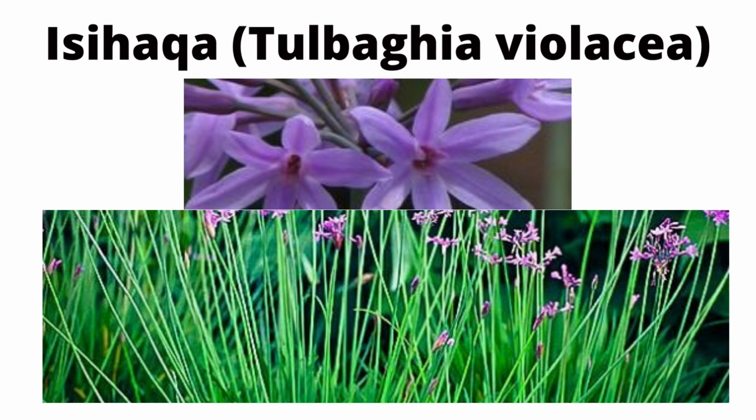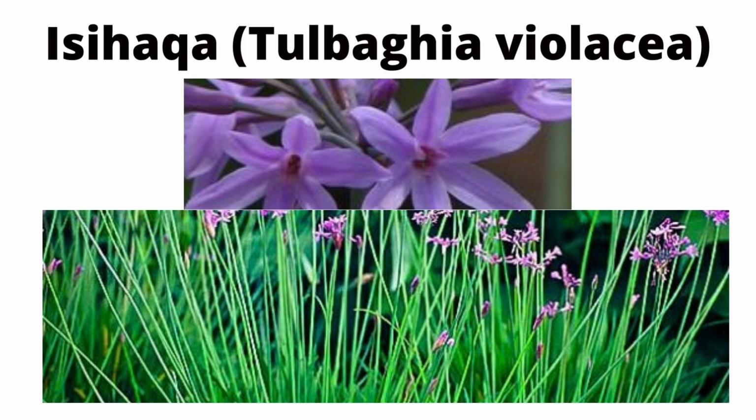Same thing when you're breastfeeding. If there's an insufficient supply of milk, the baby will also take in air. They also take in air when they breathe, but most of the air comes in when they feed. You can use Isihaqa to treat the wind in babies.